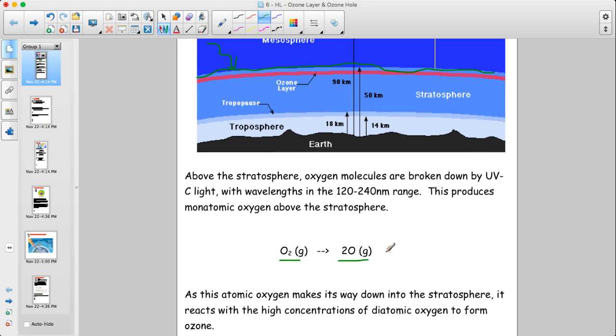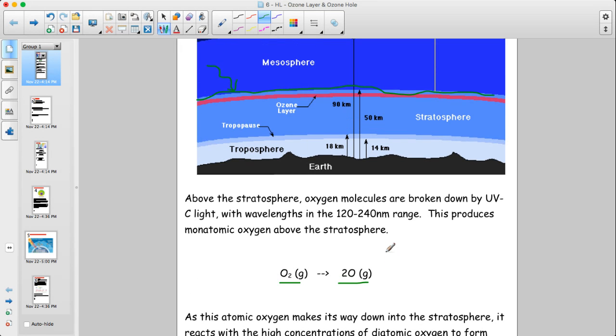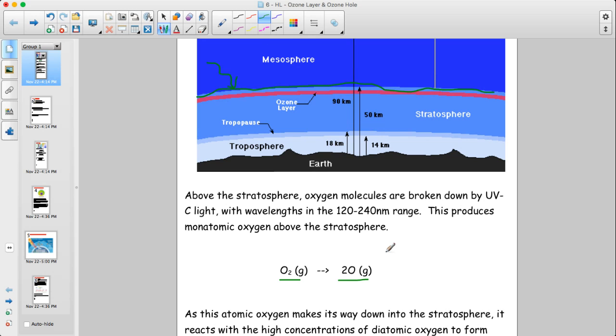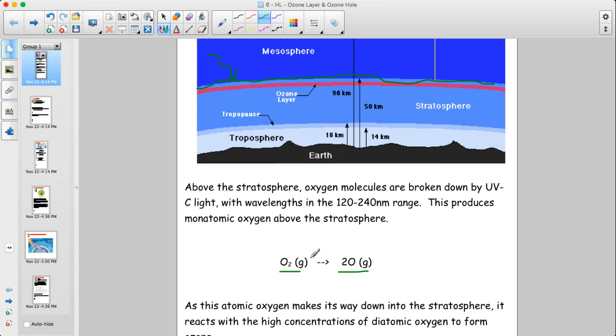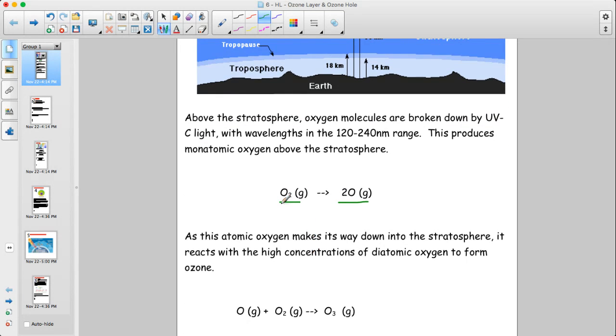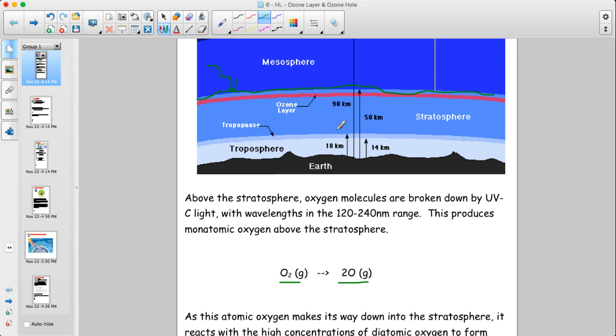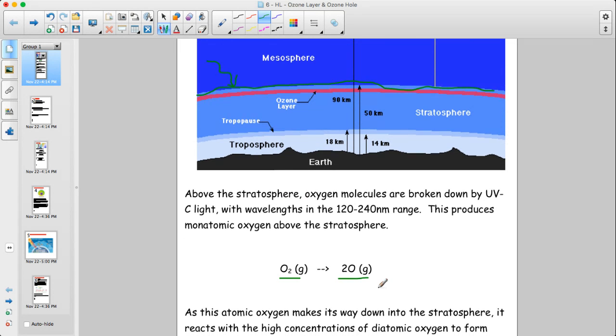Now, you have to understand that up at this level of the atmosphere, the concentration of gas particles is so low that a number of these oxygen atoms stay as oxygen atoms. They don't collide with anything else for a good while. So basically up at that level, you are making a lot of single atoms of oxygen.